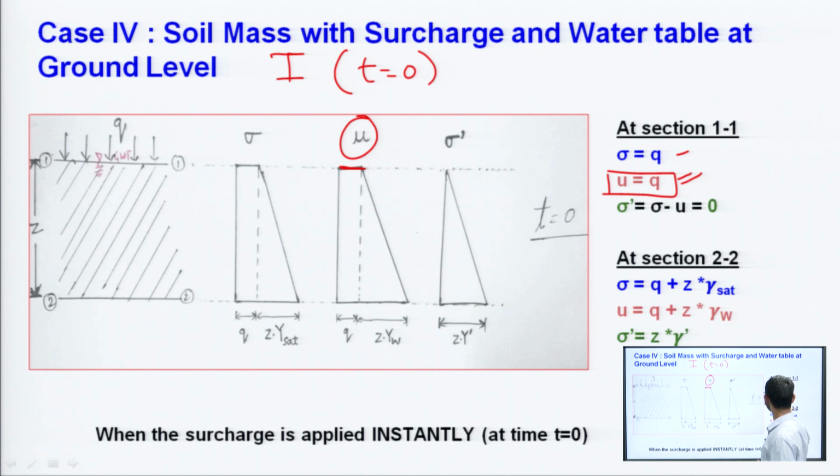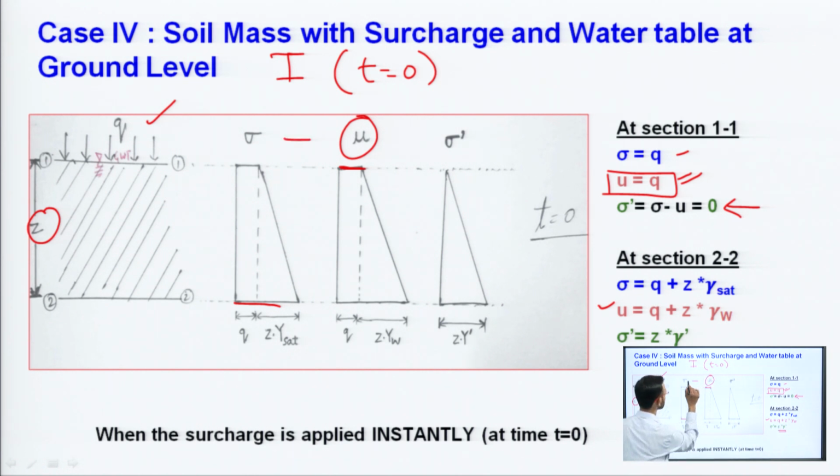Now sigma dash will be equal to 0. At section 2-2, the total stress will be equal to the surcharge applied, and the pore water pressure will be equal to this entire q plus Z into gamma w, the height Z and the entire water in this soil mass. So here it will be Z into gamma dash, the effective stress value.